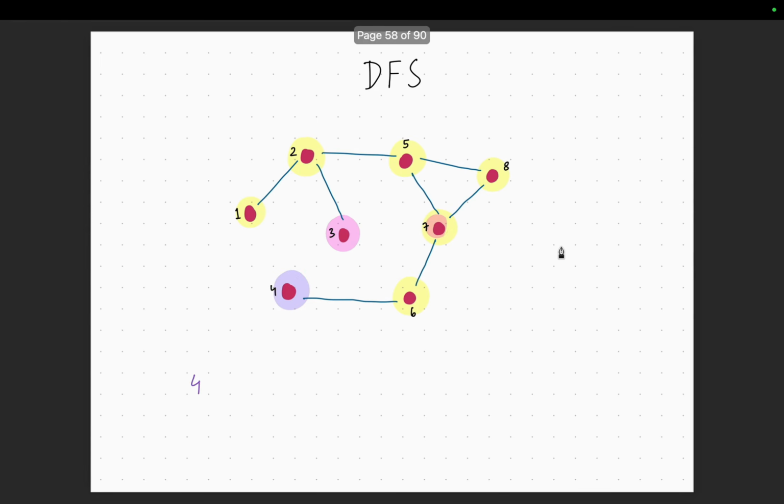So now whenever you go back, you can kind of start listing your vertices to maybe tell someone which all vertices you visited.